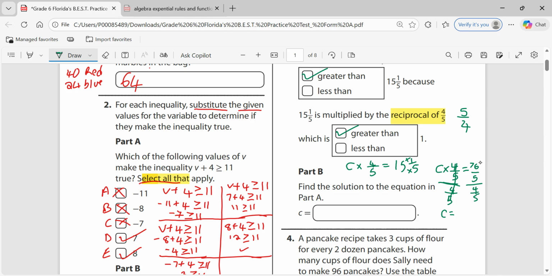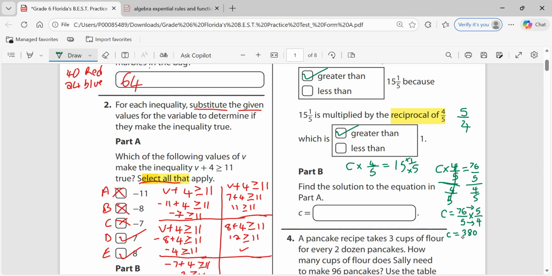So I'm going to keep the first one, which is 76/5, change the sign from division to multiplication, and multiply by the reciprocal of the other fraction, which is 5 over 4. Then when I multiply fractions, I multiply straight across. So that C is equal to 76 times 5, which is 380.